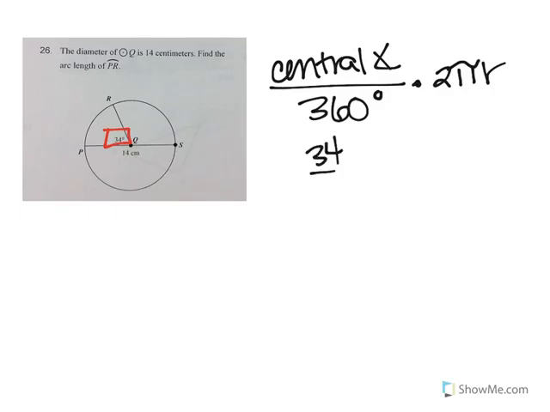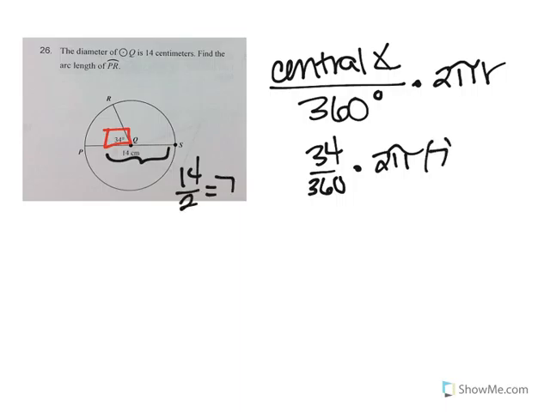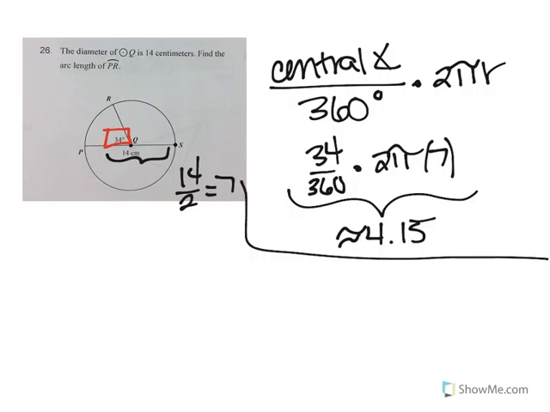So that's 34 over 360 times 2 pi. And we're given the diameter, so we have to take that and divide it by 2 to get our radius, which is 7. Okay, so 2 pi 7. Alright, so if you actually plug this into your calculator, about 4.15.